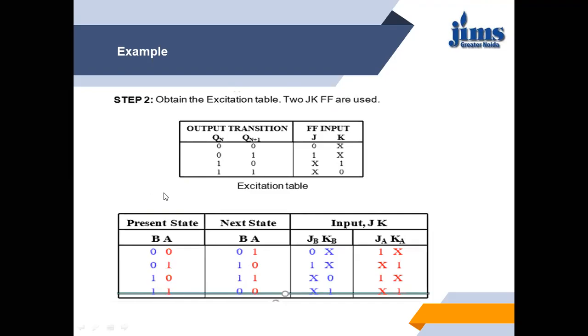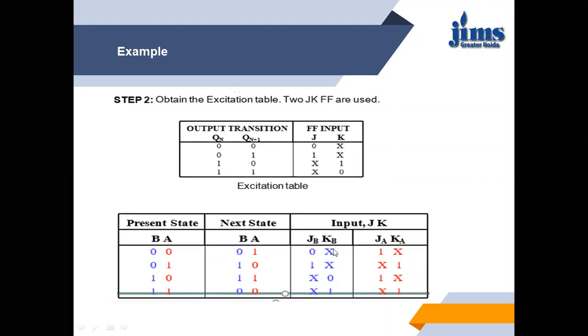So the present state of B and the next state of B are clearly separated with different colors. Looking into the present state B and the next state B, we have to find out the input combinations JB and KB using the transition table. Present state 0, next state 0: J is 0, K is don't care.